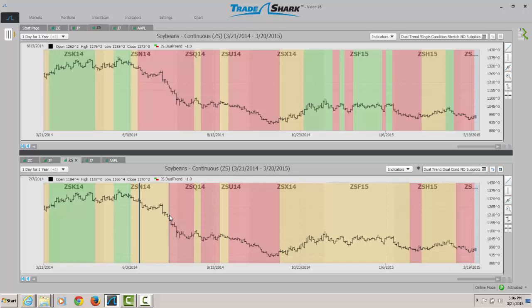The second major difference occurs during this period where we are basically out of the market from the point where we get out of our short position in a dual trend condition here, which is the same point we get out on the single condition, and not actually a very good exit.